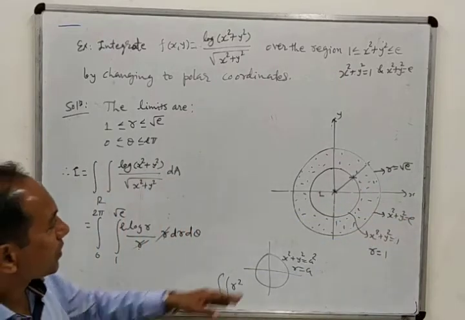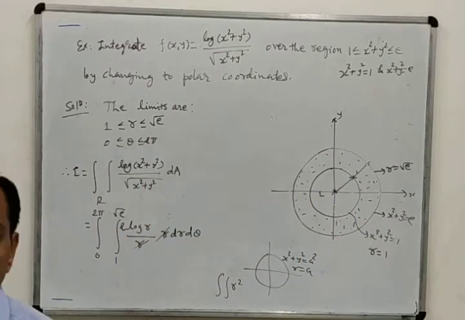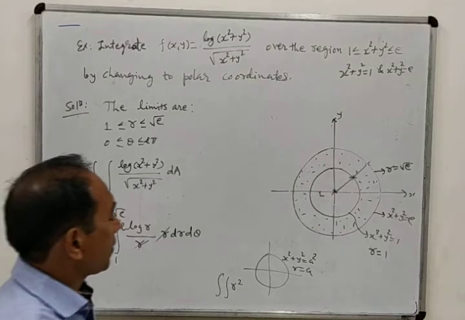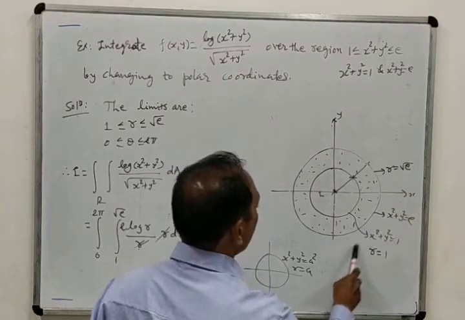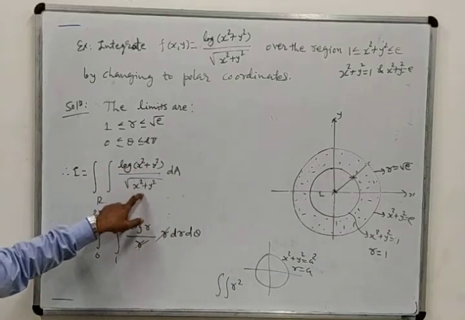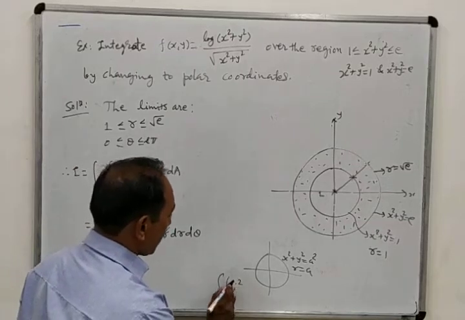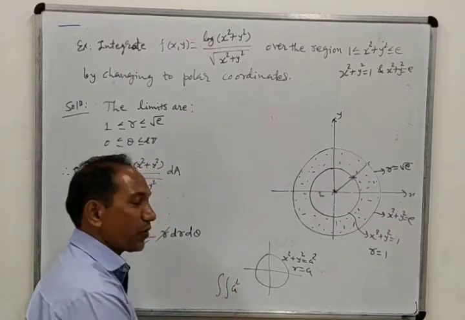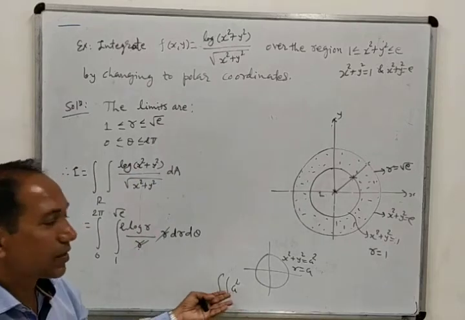Why? Because the region and the region's equations are only to determine the limits. And this is the functional form. So we cannot put here x square plus y square equal to a square, because if we put a square, then x and y will be removed and a is a constant.